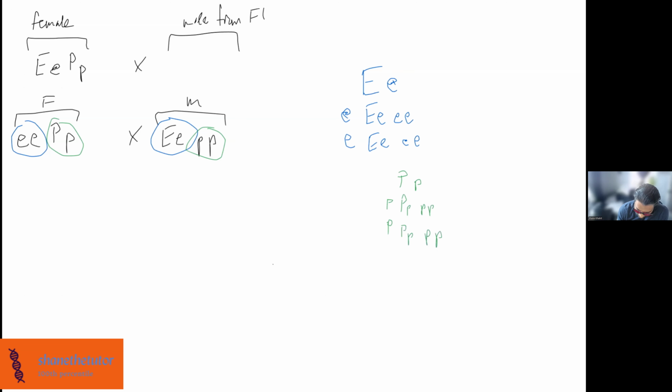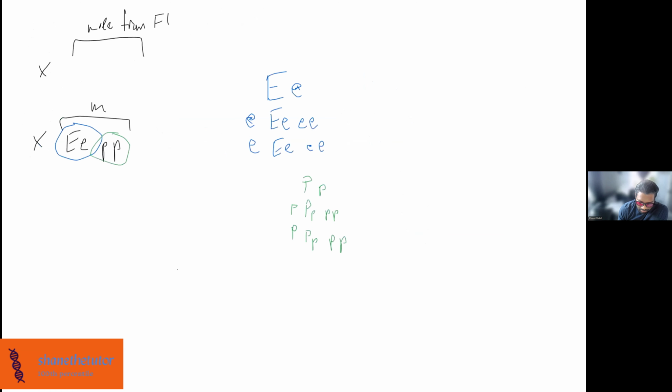Okay. So now I'm going to distribute these to find all of the possible genotypes. I'm going to take this big E, little e, and add on all 4 of these P genotype combinations.